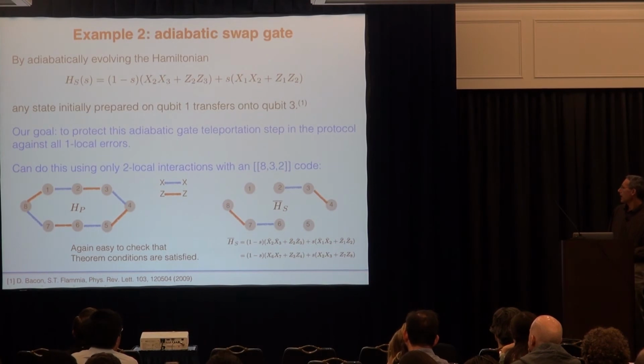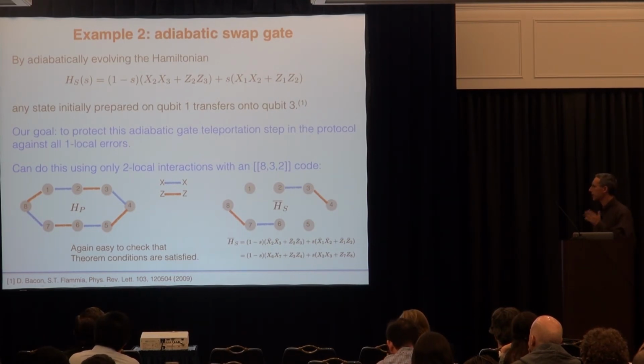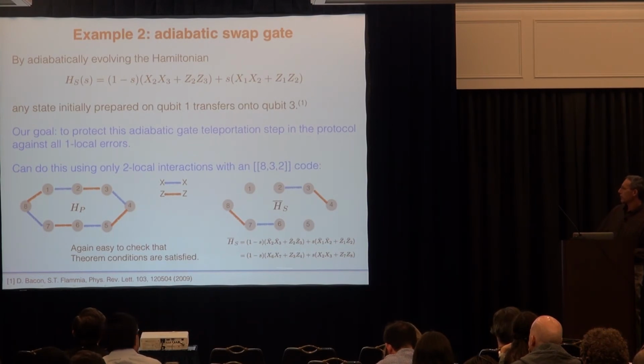And the encoded system Hamiltonian is even simpler, it's a sum of just 4 XX and ZZ terms. And that's a bit non-trivial to show. You have to kind of play around with multiplying stabilizer operators and gauge operators until you reduce everything to a two-local form.